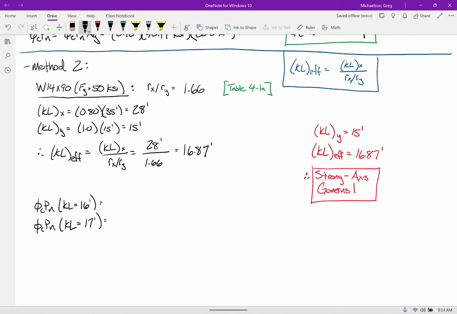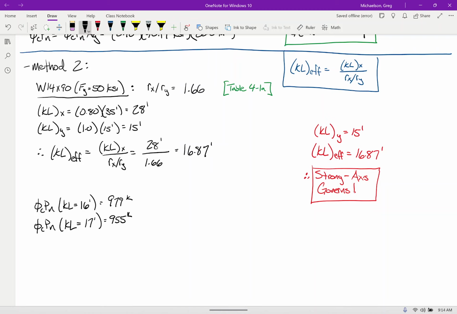So, what do we get for these? What is the capacity when the effective length is 16 feet, when it's 17 feet? 979, 955. Right? Does everybody see that?